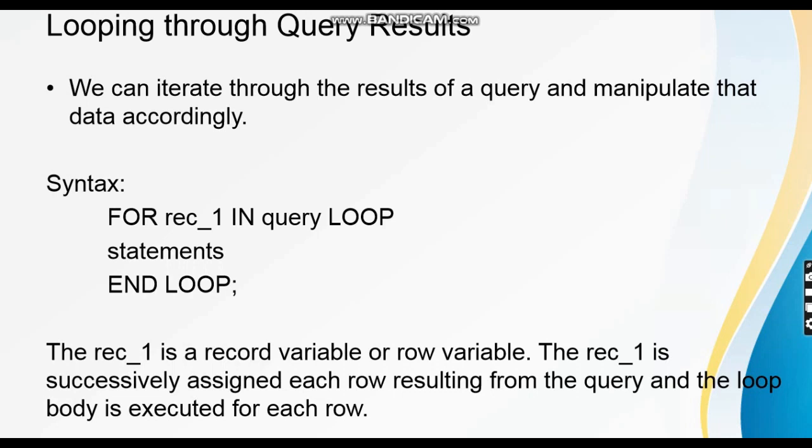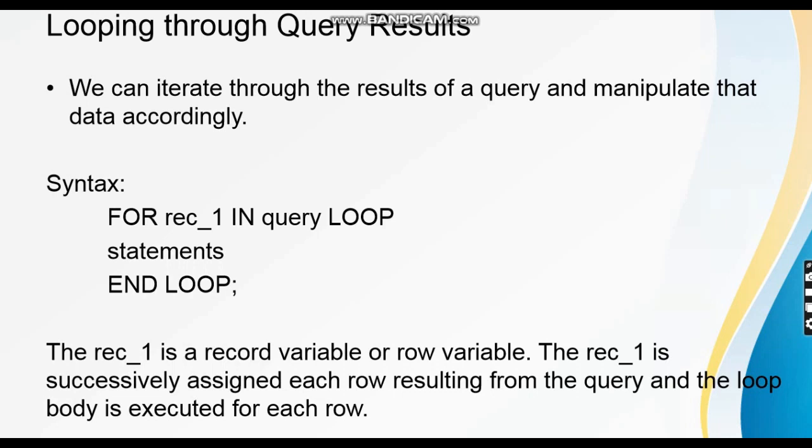The syntax for this is: for rec_1, any variable name you can take, this is just the example, in query loop statements end loop. This is the syntax. And what is rec over here?